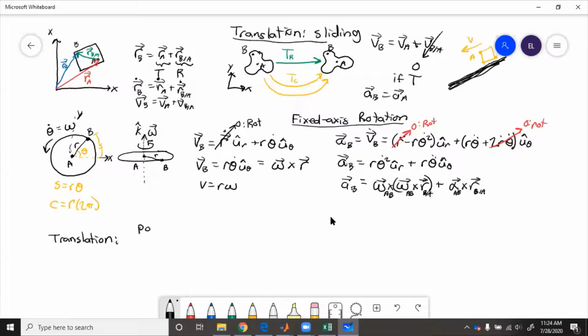So we've got position, velocity, and acceleration. And then we'll have rotation. So for both of them, RB equals RA plus RB with respect to A.